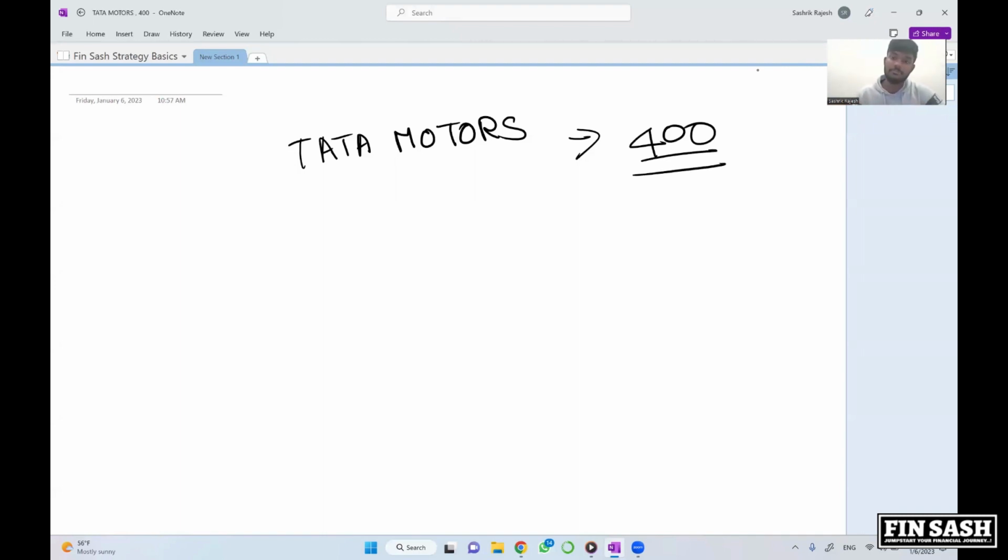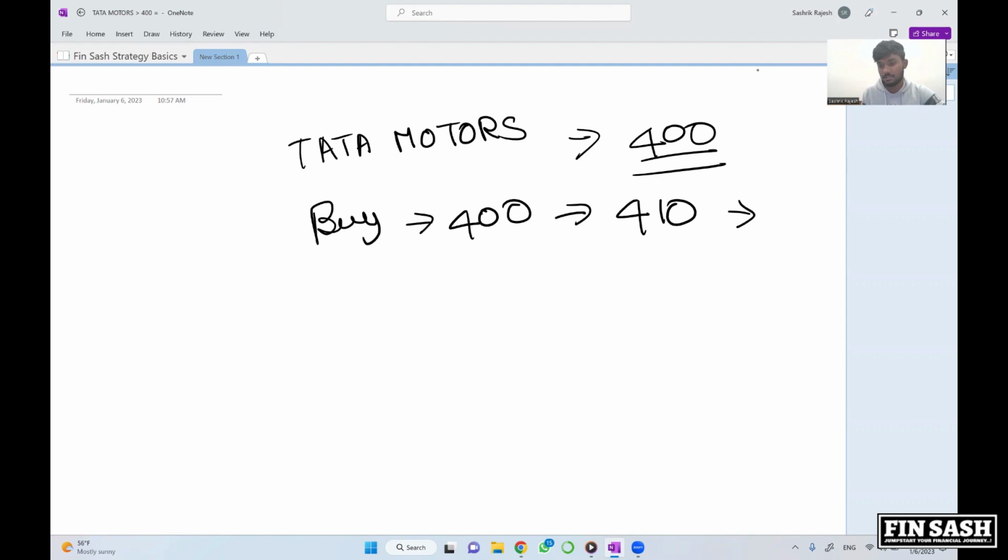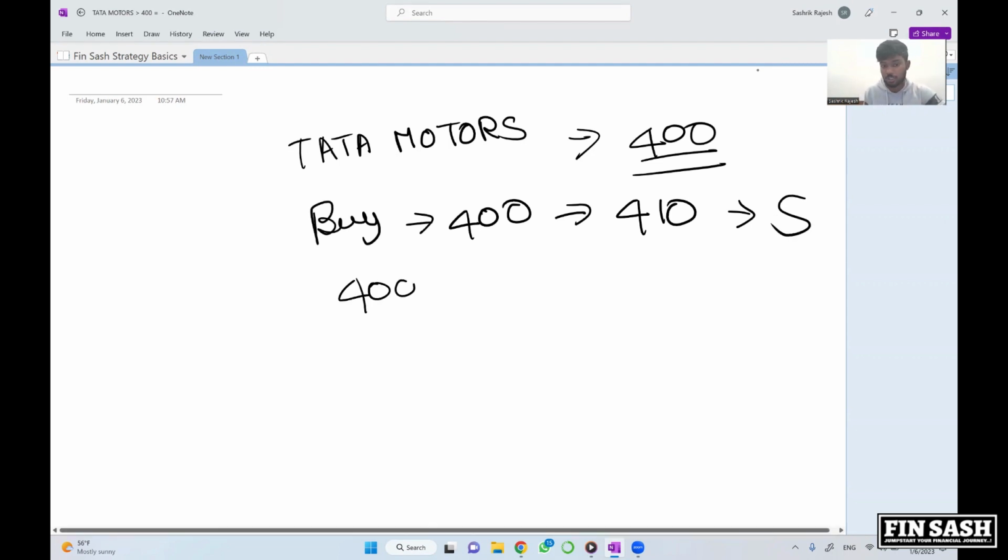I personally think, for example, that Tata Motors will move up. So what I'm going to do is I'm going to buy Tata Motors at 400. And for example, if it reaches 410, I think that okay, this is enough for me, and I'll sell it. So I bought it at 400 and I sold it at 410, right?